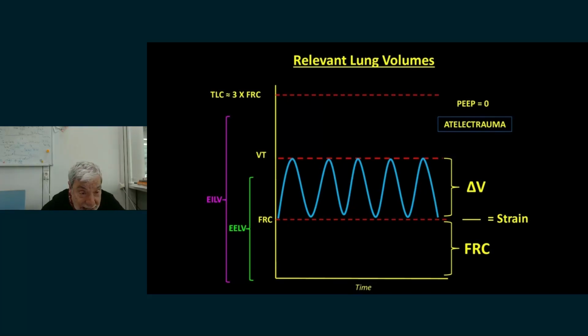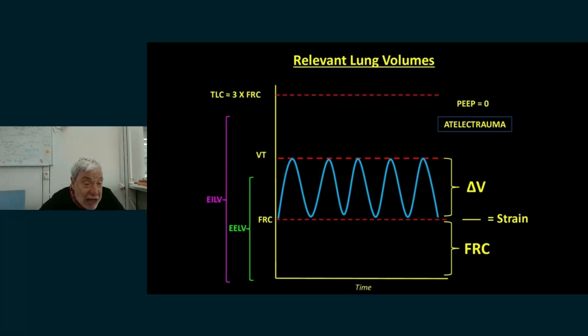As an example, this is my lung volume, and this is the resting volume, the functional residual capacity. Let's see, I applied this tidal volume. This tidal volume divided by FRC is equal to the strain, okay? And there is no problem.